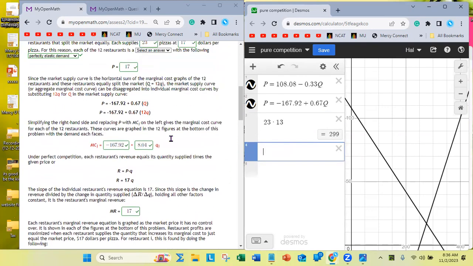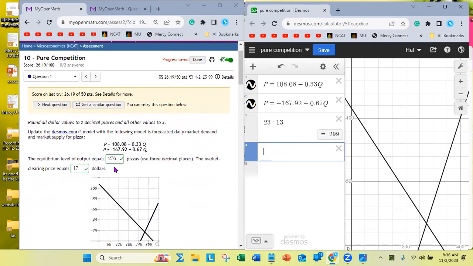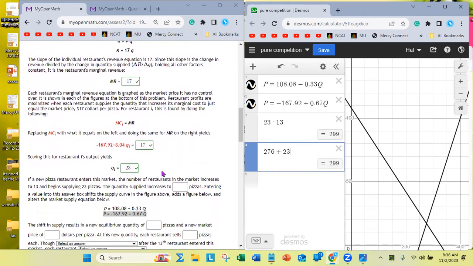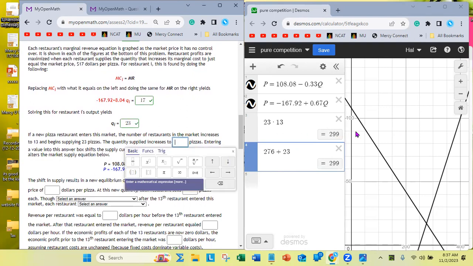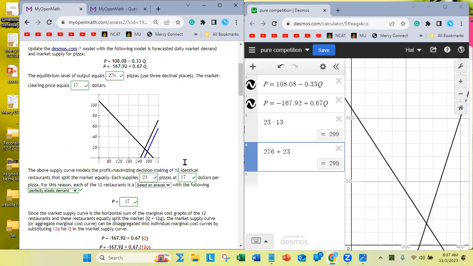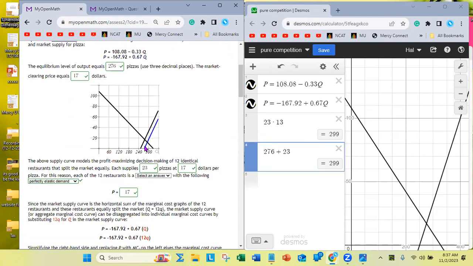We could also get that by adding 23 to 276. We get the same number. So at the moment this company enters the market and starts supplying 23 pizzas, the market supply increases to 299, which shifts our supply curve from black to blue.